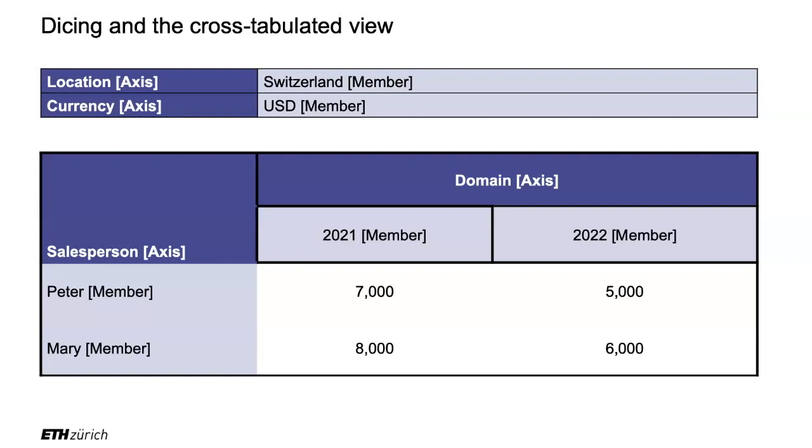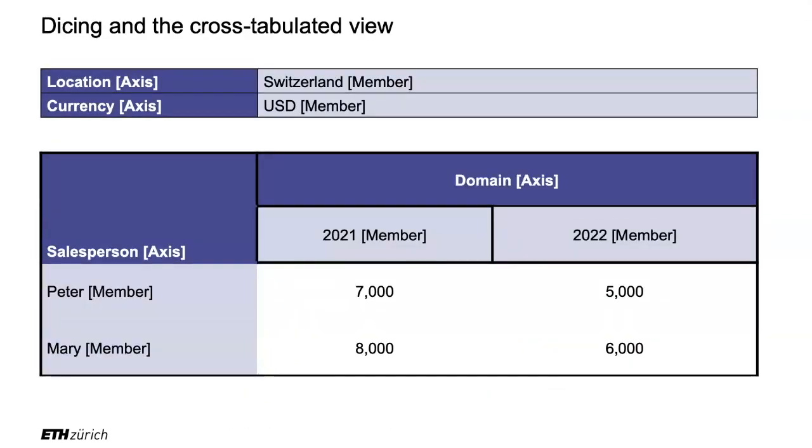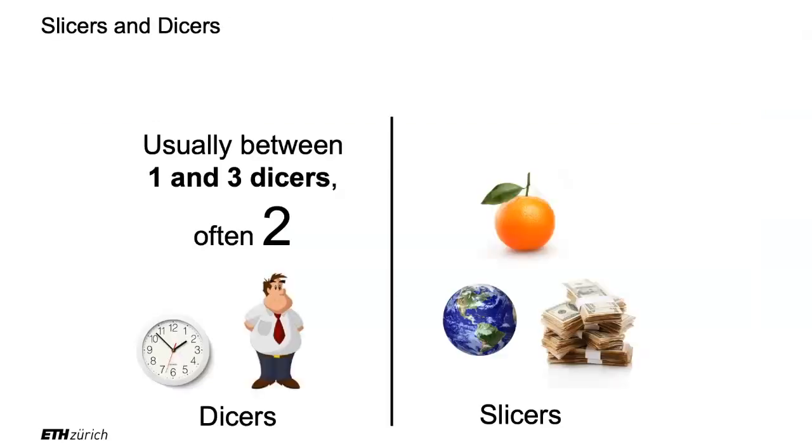You just don't use the rows or don't use the columns. 3 is a bit challenging because you don't have 3 dimensions on a screen. If you really want the 3rd dimension to dice on, you typically make them sheets, just like in a spreadsheet, with little tabs at the bottom that you can click on. That would be the user experience. But again, typically it's 2. You dice on 2 dimensions and slice on everything else.